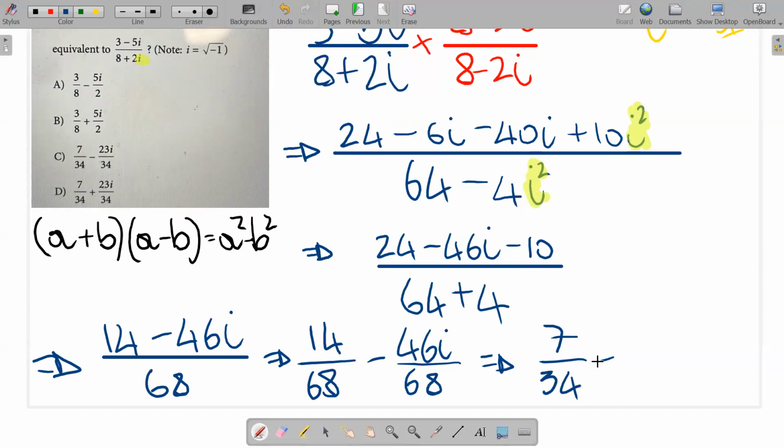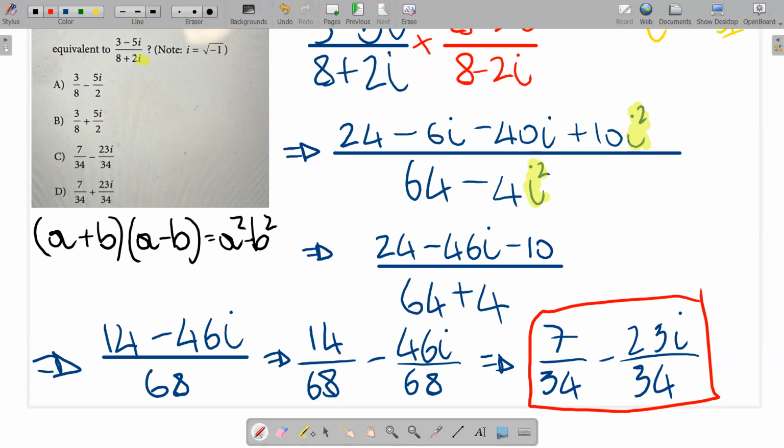And 46i over 68 can be divided both by 2 again, and we will obtain 23i over 34 as well. And this is going to be the double simplification we were looking for, because this will be answer C. So, unless we made any mistake with the sign, but I don't think so, that should be the right answer.